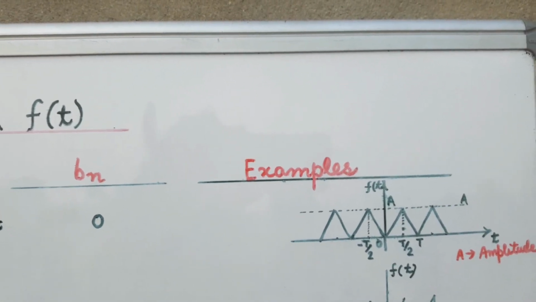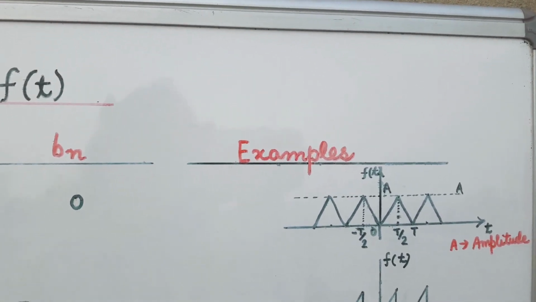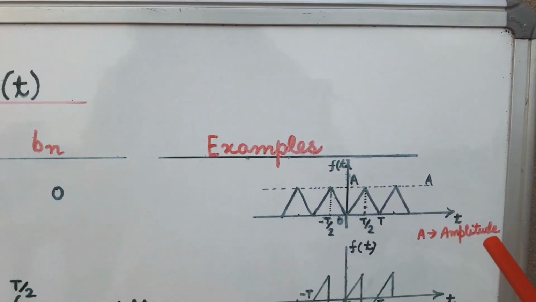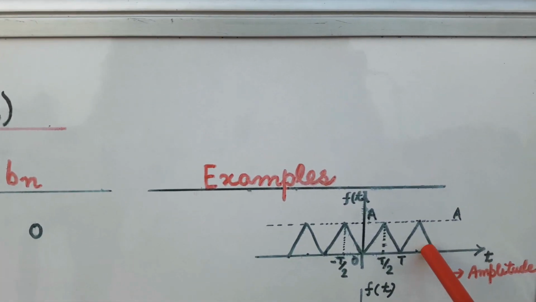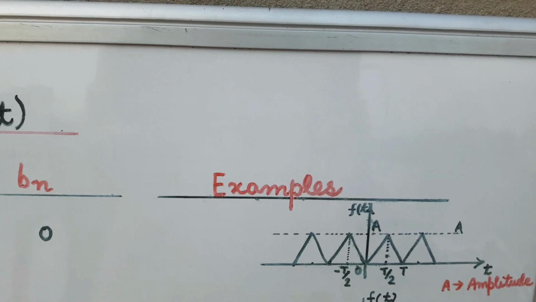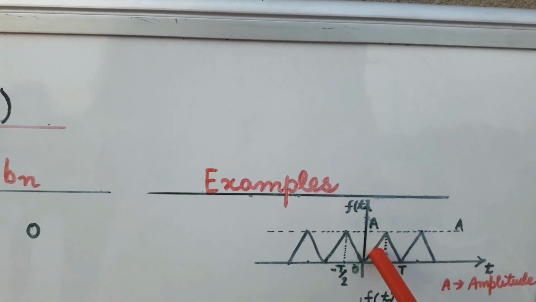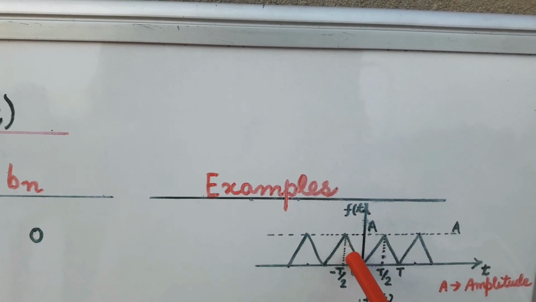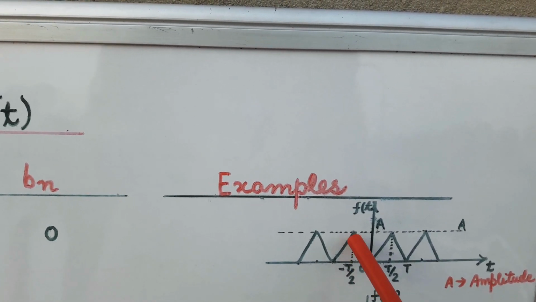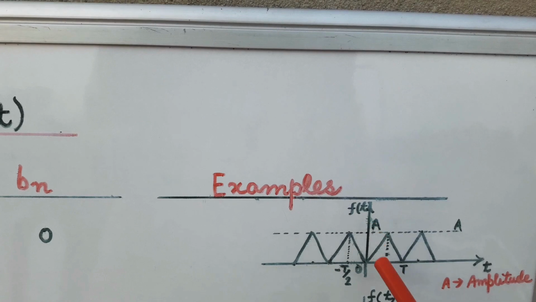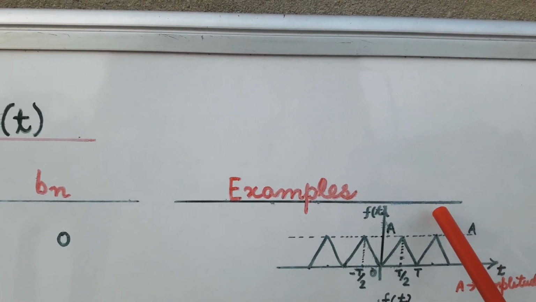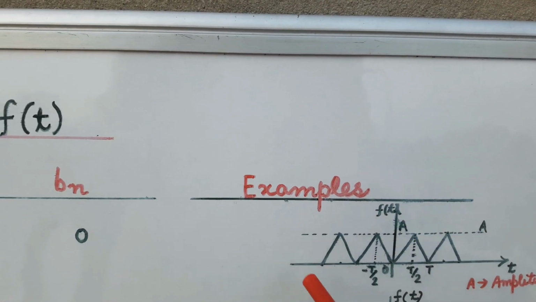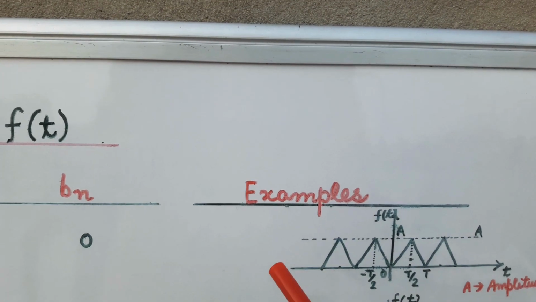Here we find that A is the amplitude of this function, and we also find that f(t) will be equal to f(-t). So, directly by seeing this condition, we will know that this function will not contain the Fourier coefficient bn.